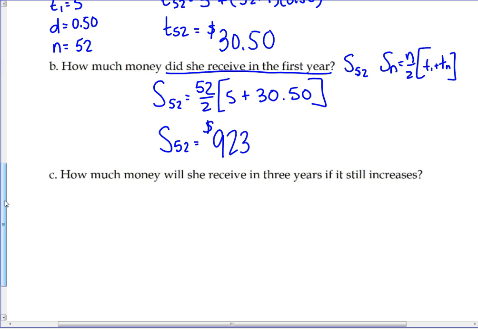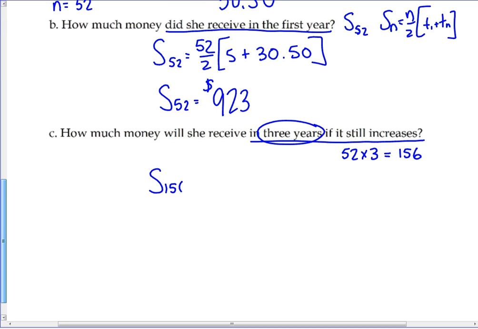Okay. How much money would she receive in 3 years if it still increases? So this time, how many weeks would that be? If it's 3 years, 156. Are we looking for T156 or S156?